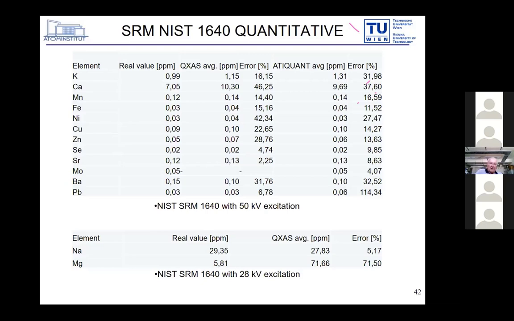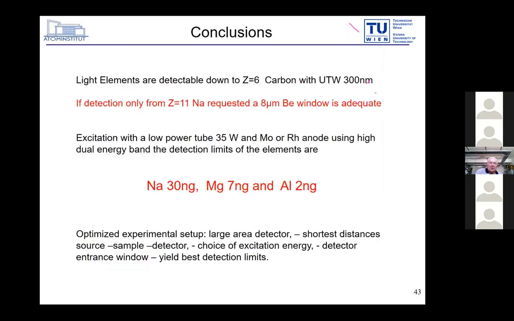And with these results, I think we are close to the end. We were able to show that the light elements can be detected from carbon upwards, but with a special window detector. If you are happy from sodium upwards, you can use the 8-micron beryllium, and with our systems we have achievable detection limits in the nanogram range.